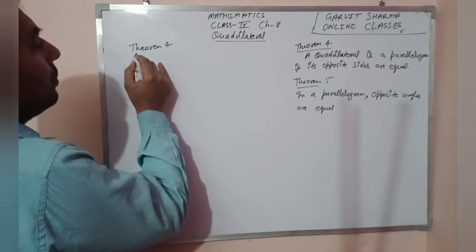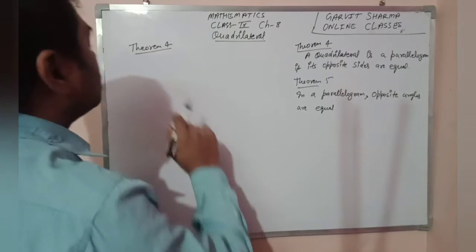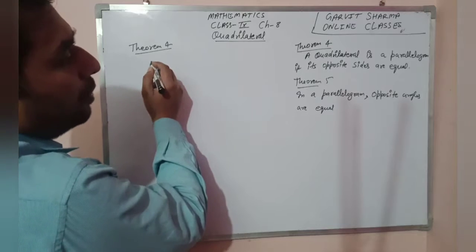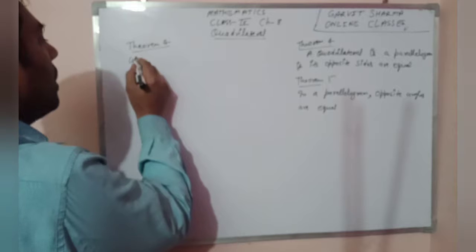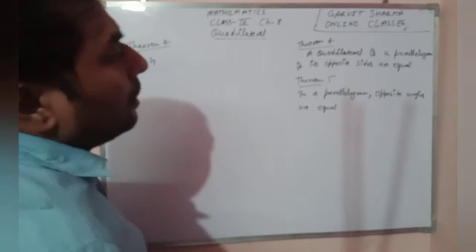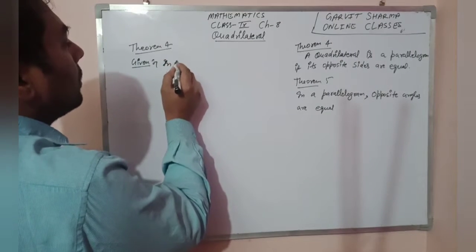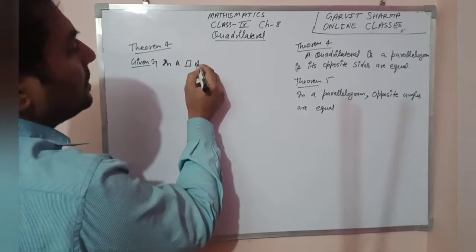Theorem 4. A quadrilateral is a parallelogram if its opposite sides are equal. Given. What is given in this theorem? A quadrilateral ABCD.